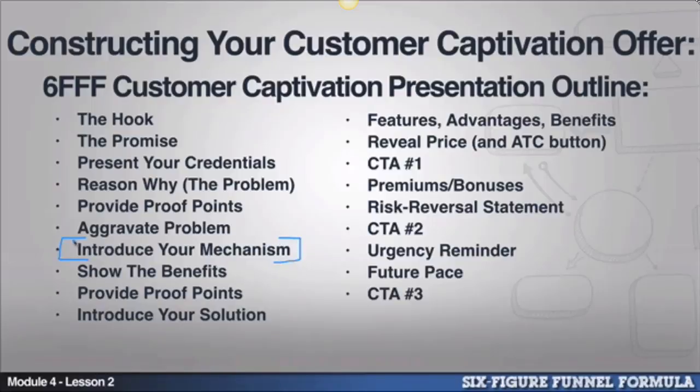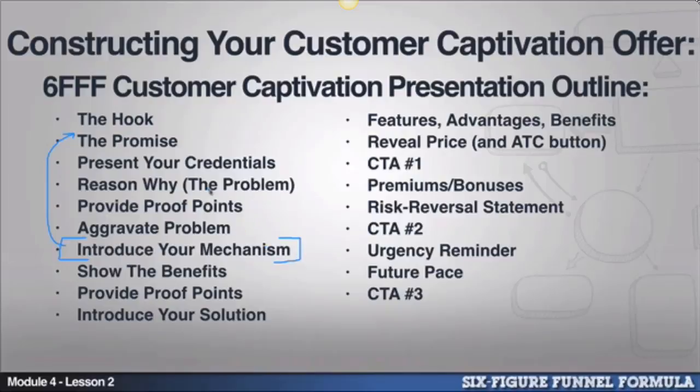Going back to our example, we're introducing them to the fact that there is a new investing vehicle that will now allow them to double their net worth in 5 years, or whatever that example was that I gave you earlier, right? So we're now introducing them to this mechanism.